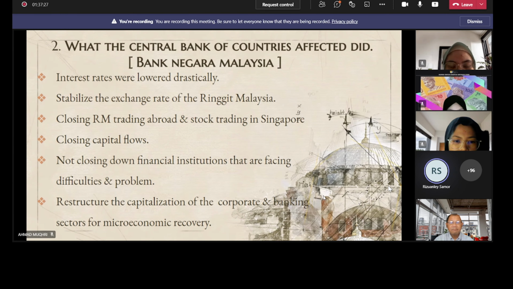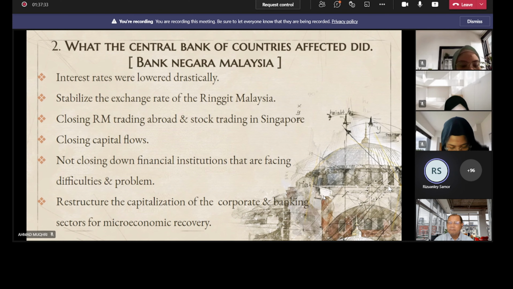The next point, at the time, BNM and the government did not close down financial institutions that were facing difficulties. The government announced guarantees on deposits for banks and financial companies. The effect of this action was to increase confidence among depositors in the country's banking system.